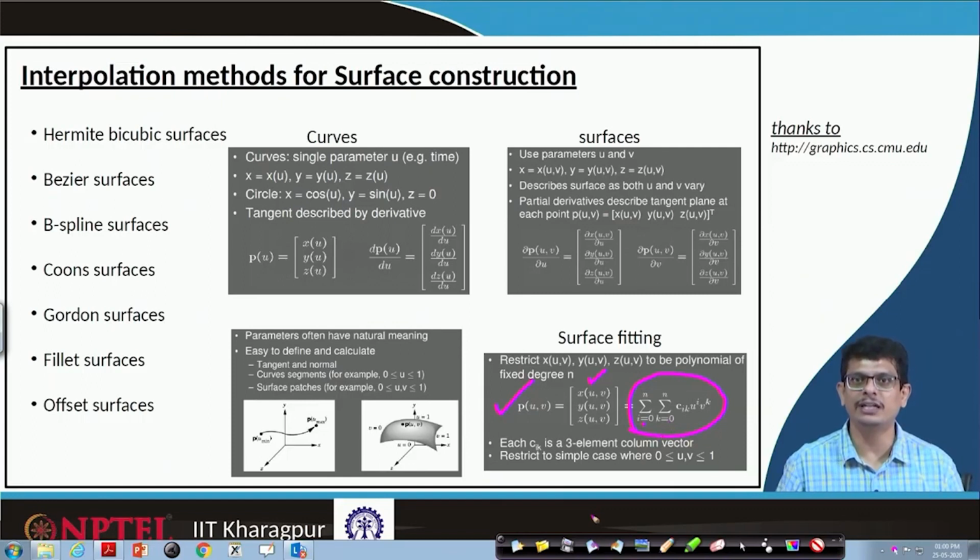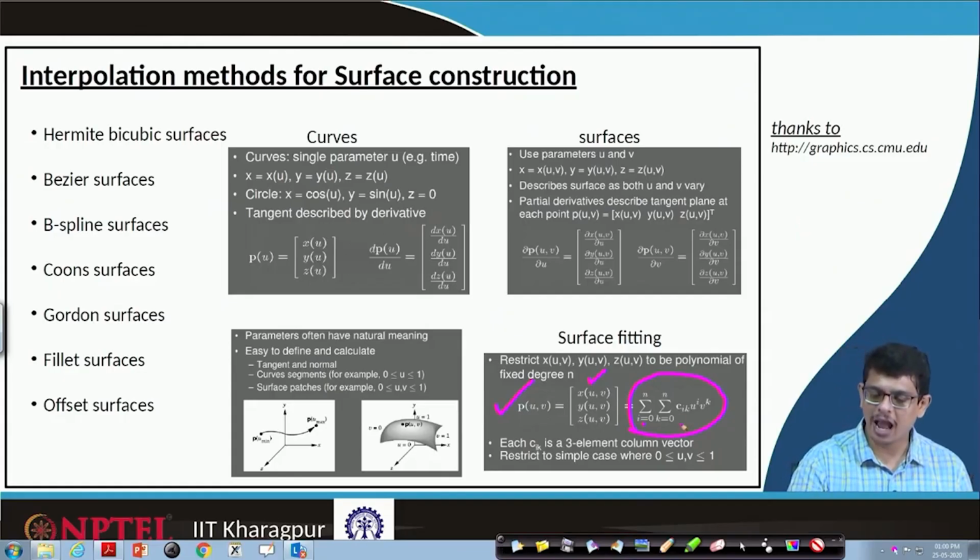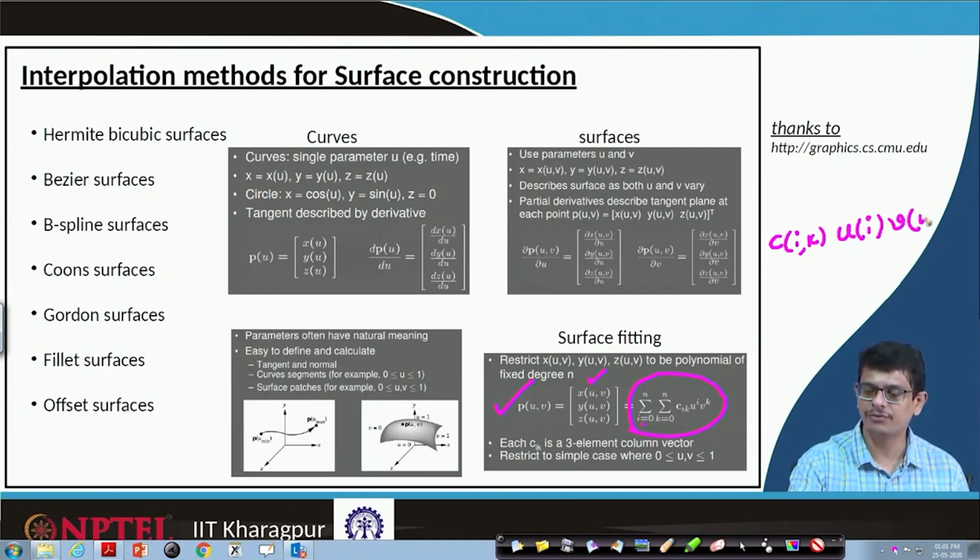It is like writing a program for i equal to 0 to m minus 1 data points, for j equal to 0 to n minus 1 data points, evaluate some function c of i comma k multiplied by your parametric u of i multiplied by v of k. That is the way we expand that and try to fix the c i k information.